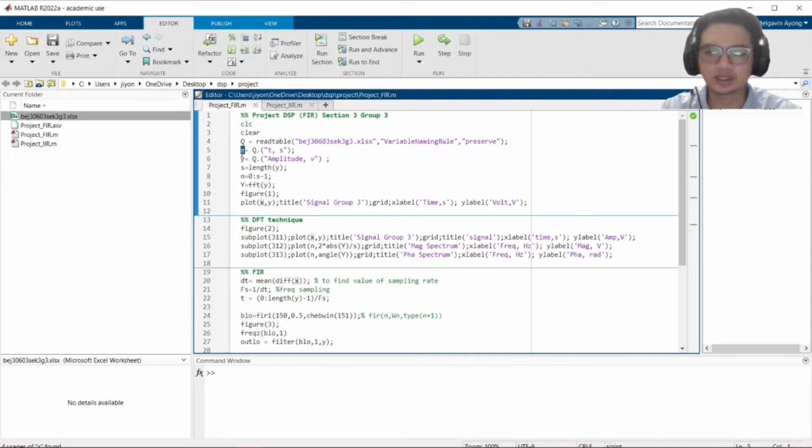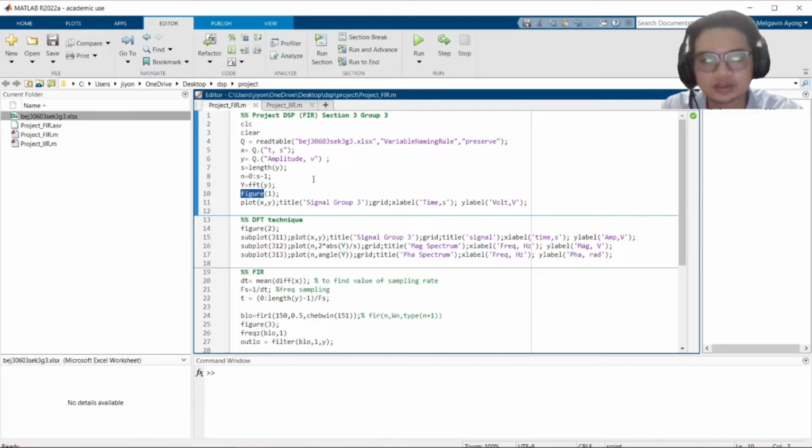X is for the Ts, which is time in seconds, in the first row of the Excel, and Y is equal to the amplitude in the Excel. S is length equal to totality, and then Y equal to fxy.